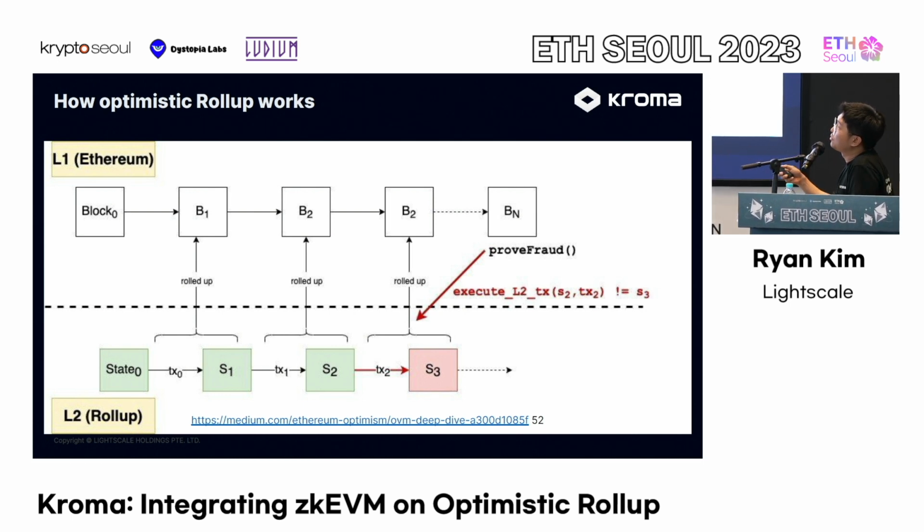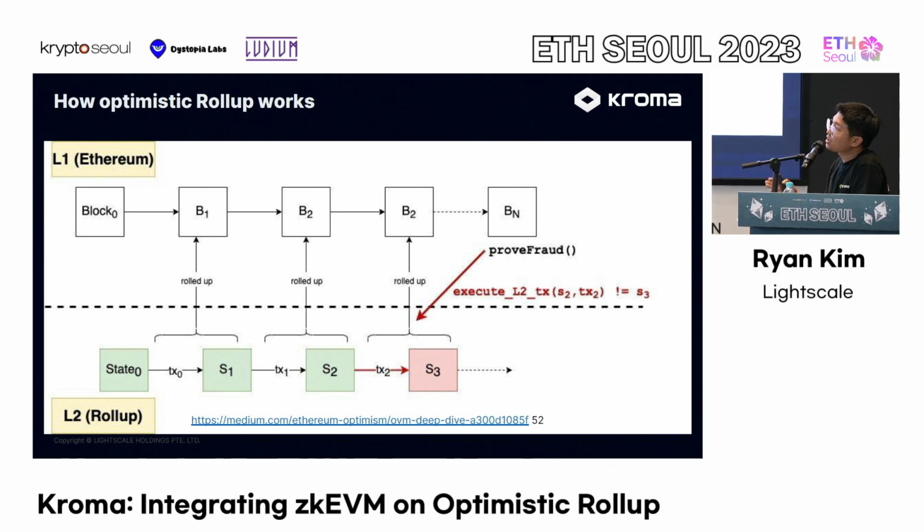It seems like the submission happens every L2 block, but in fact, the submission happens periodically. Many L2 blocks are bundled together and submitted as a batch. So the term is rollup.